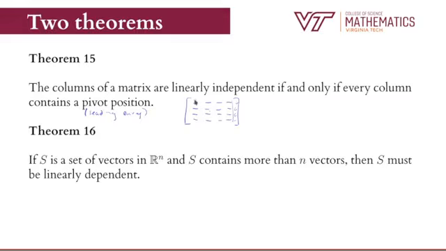In order for there to be no free variables, this column has to have a leading entry, and this column, and this column, and this column. So every column has to have a leading entry because we don't want free variables. Free variables give you more than one way to solve a problem. Independence is what tells me there's only one way.